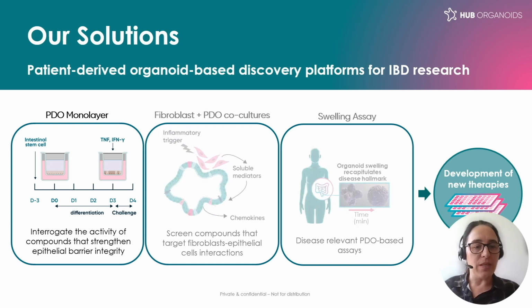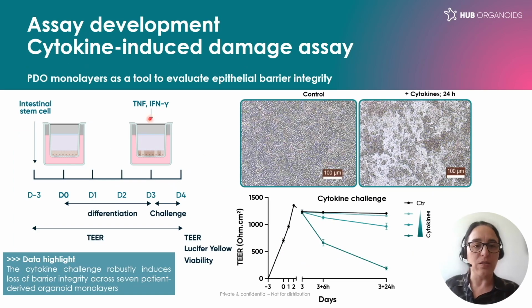So I start with the generation of these patient-derived monolayer assays, in which we can interrogate the activity of compounds that may have an impact on the epithelial barrier integrity, which we know is damaged in IBD patients. The organoids are normally expanded as 3D structures.